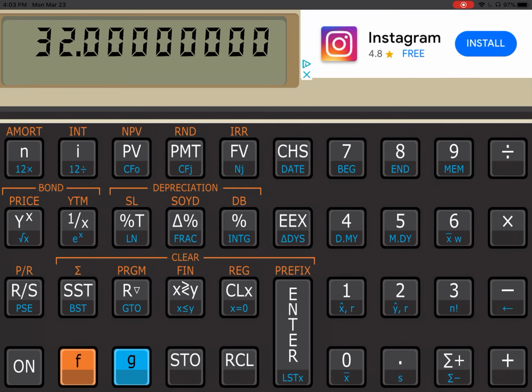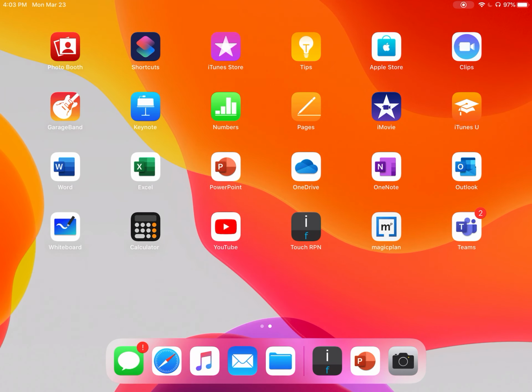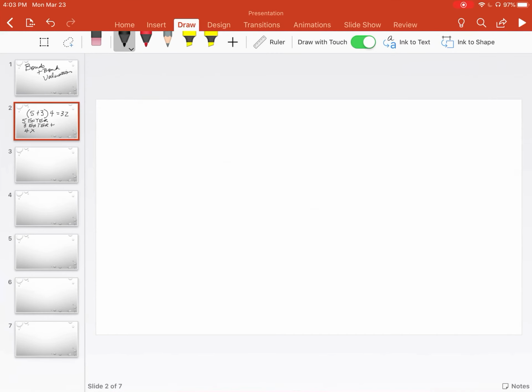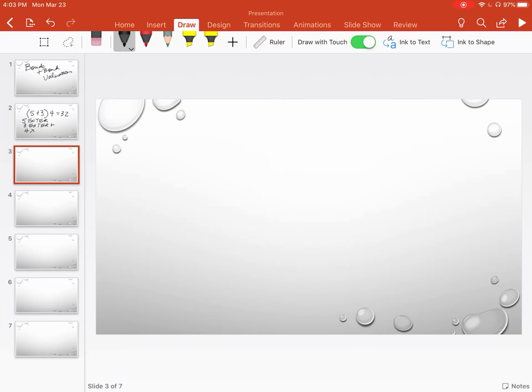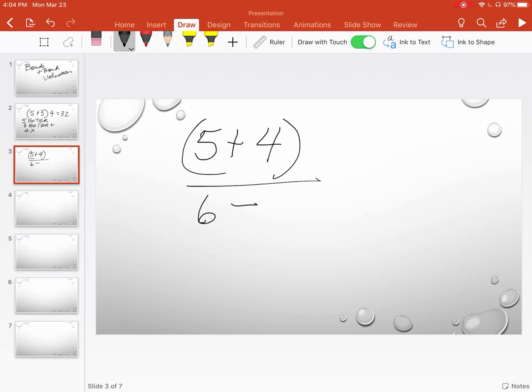If you have decimals, then you can go through and perform a decimal function. If we wanted to move to a new screen and do fractions, we have some function in that same regard. Let's do 5 plus 4 as a numerator, and 6 minus 2 as the denominator.